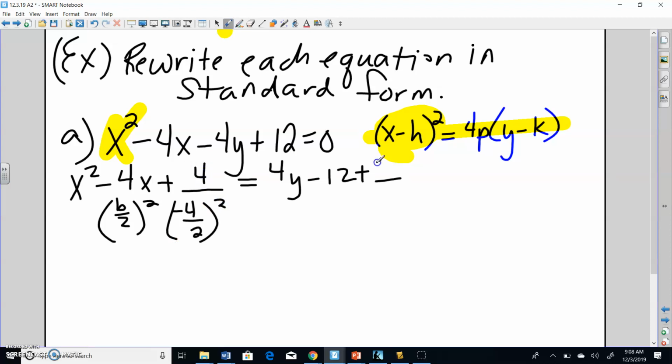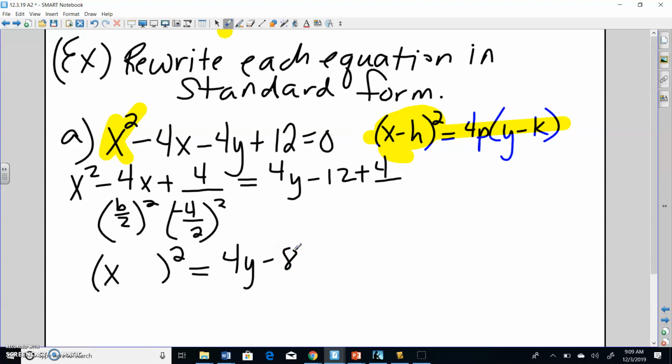So that's what we're adding to both sides. And now the left side of our equation can factor into something squared. And then the right side, we're going to have 4y minus 8, correct?